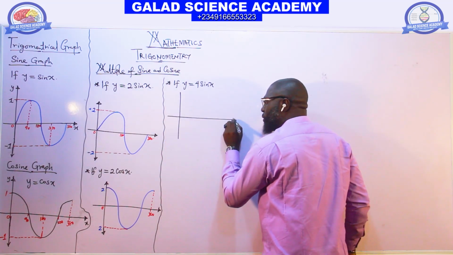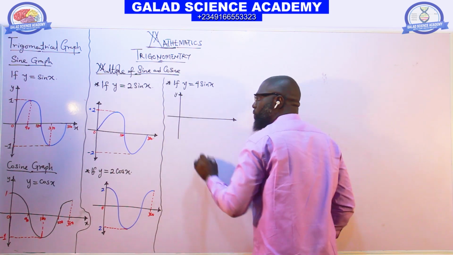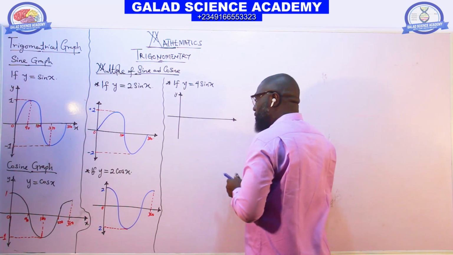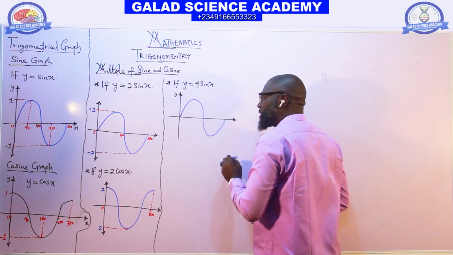This is the same thing as the one we did before. I draw the graph on the y axis now. We have it in this form. It will go up and come down like this.